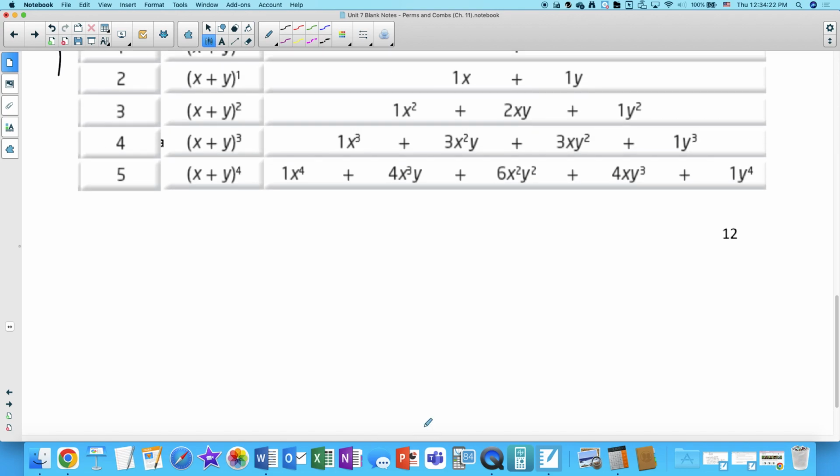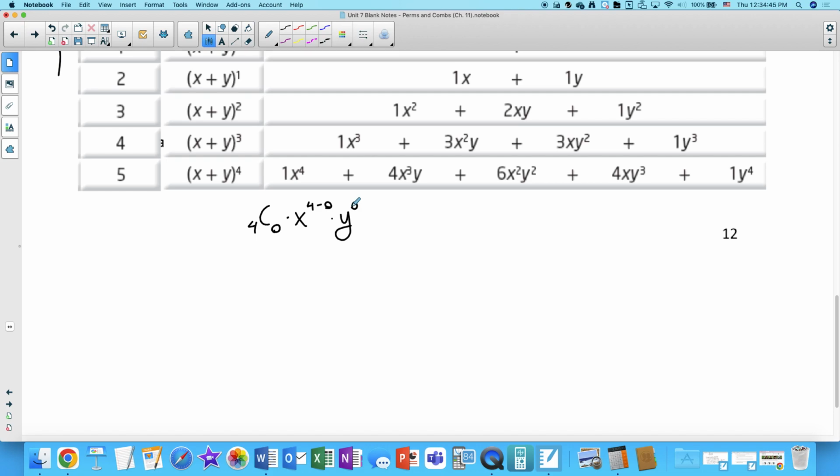This term over here, 1 times x to the 4, if you want to think of it more generally, we can think of this as 4 choose 0 times x to the 4 minus 0 times y to the 0.